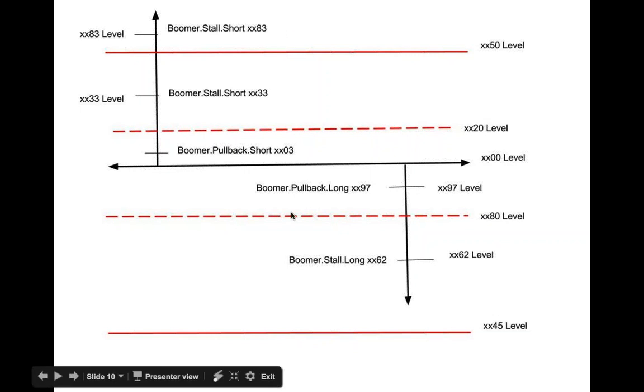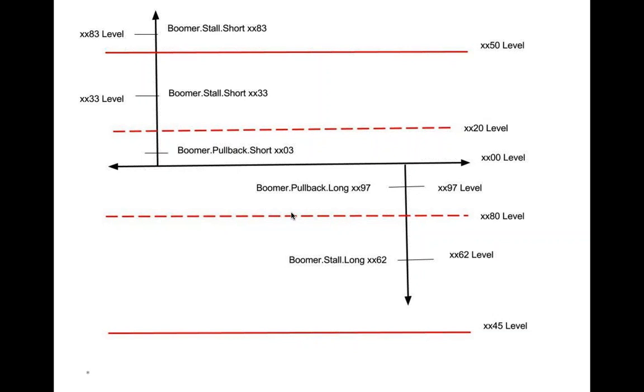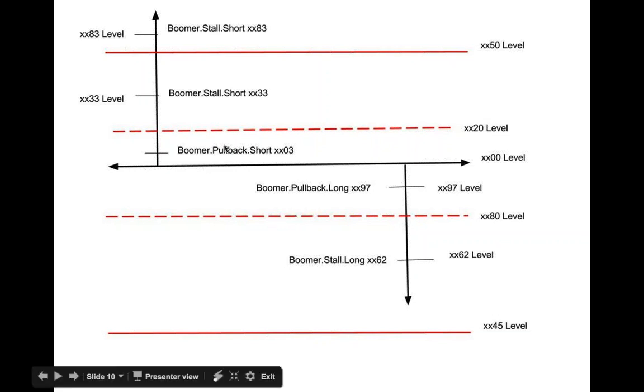Now, I'll be the first one to tell you that about half of these price opportunities don't ever materialize. The reason is because news comes in, and we don't trade in front of news. If you were to count this, you have one trade here, one trade here, one trade here. So you have two boomer stall shorts above the 00, one pullback short above the 00.